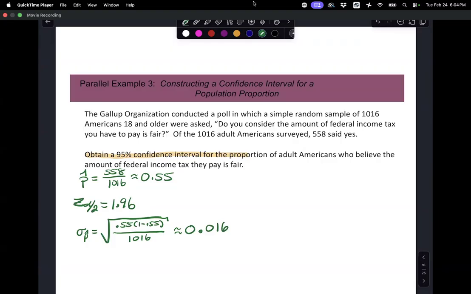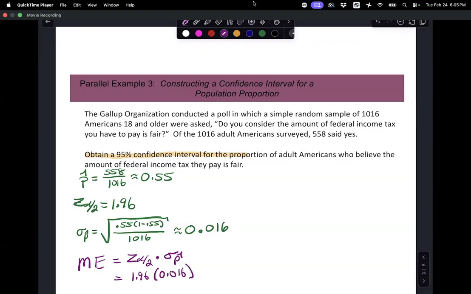All right. So now I'm going to do the margin of error all by itself. So remember, our margin of error is the z-score, alpha divided by 2, times sigma sub p hat. So it's going to be 1.96 times 0.016.